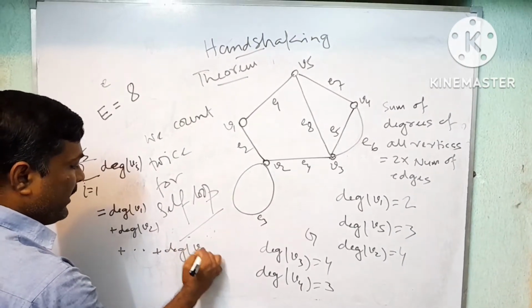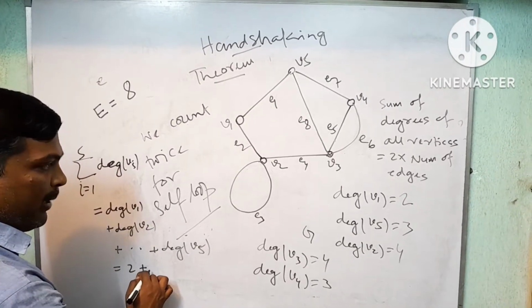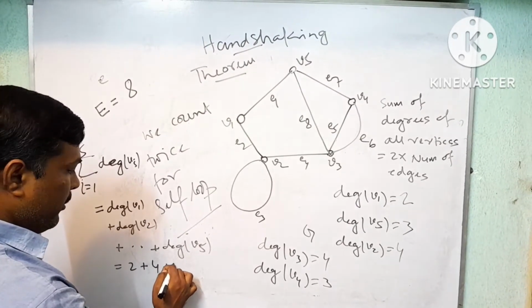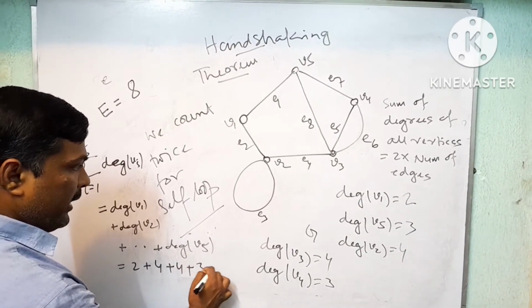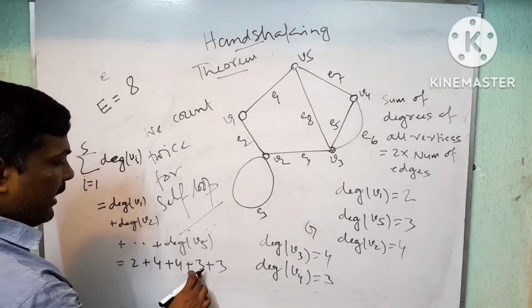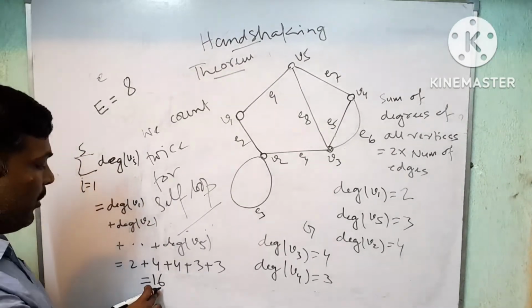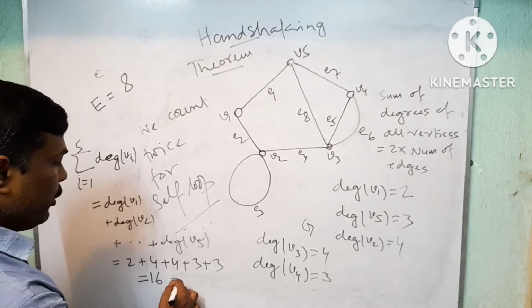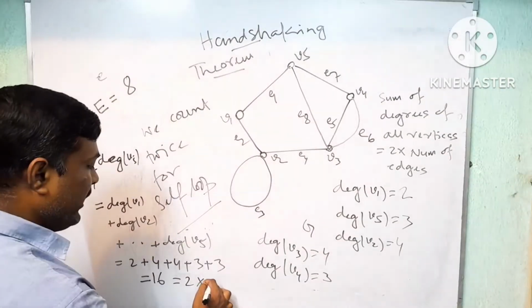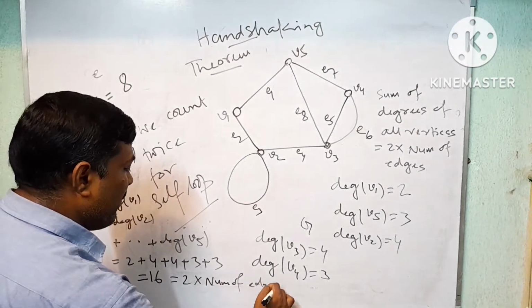That is 2, 4, 4, 3, 3. So this is 6, 10, 16. The sum of degrees of all the vertices is 16, that is 2 times the number of edges. The number of edges is 8.